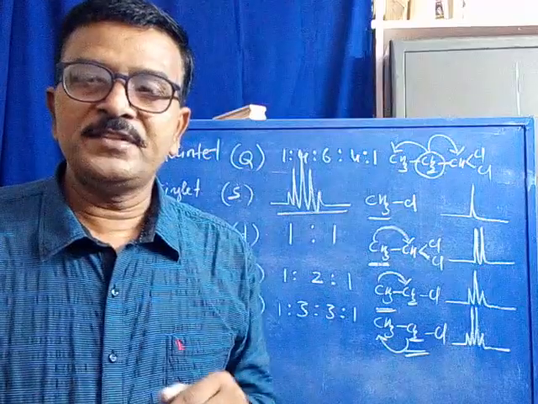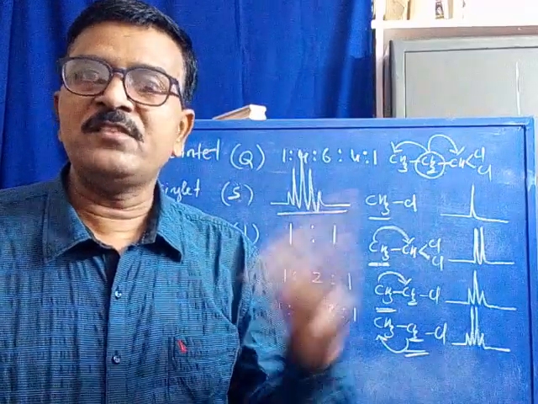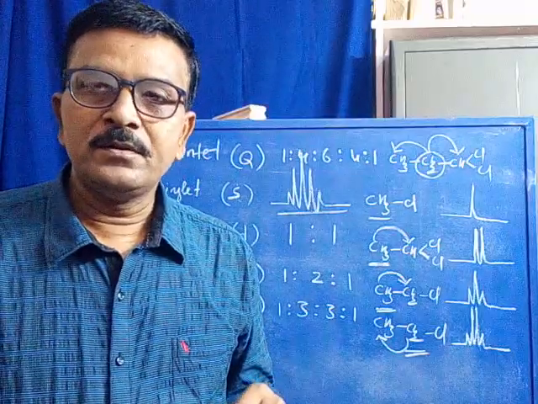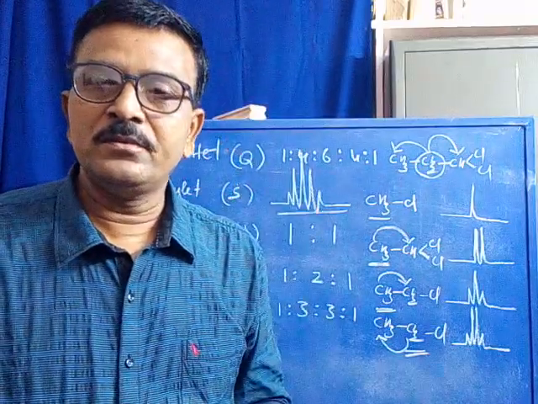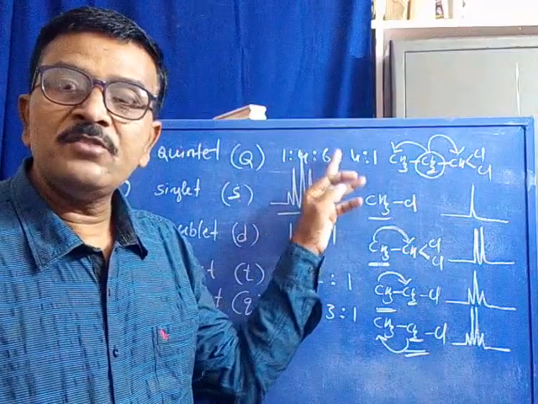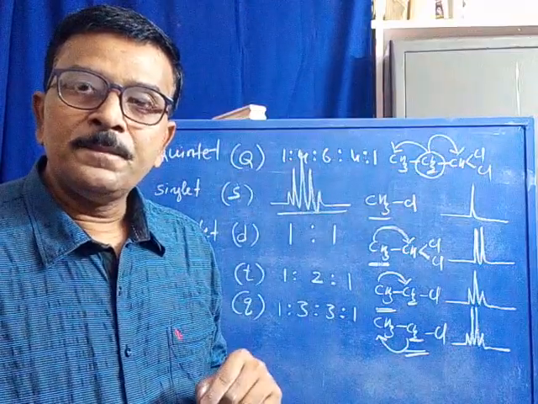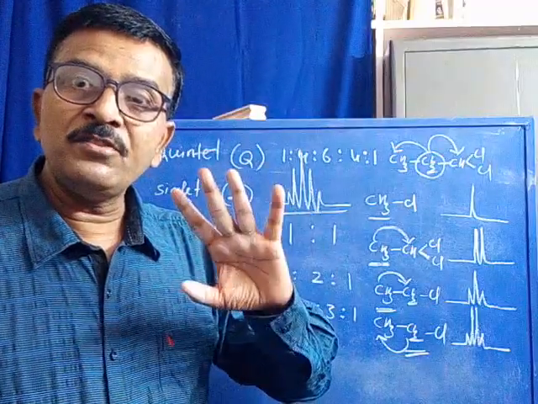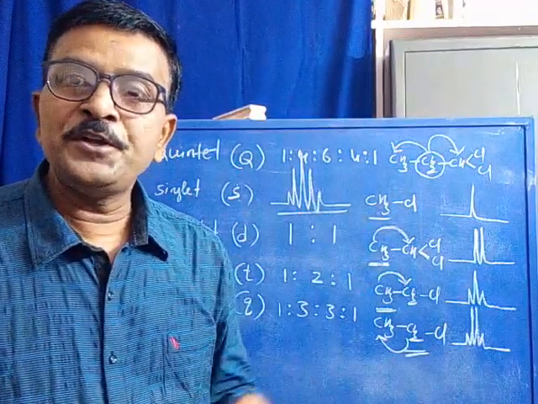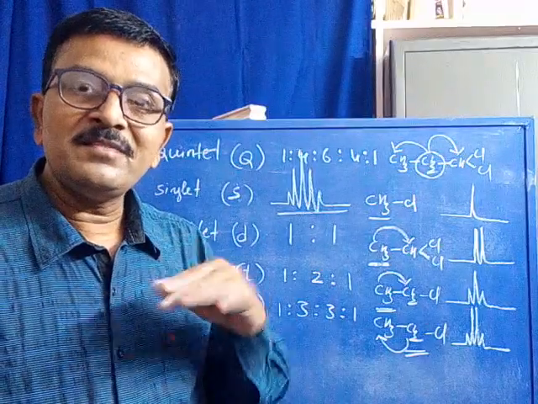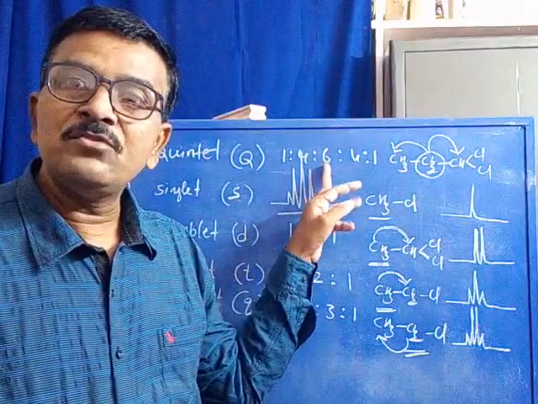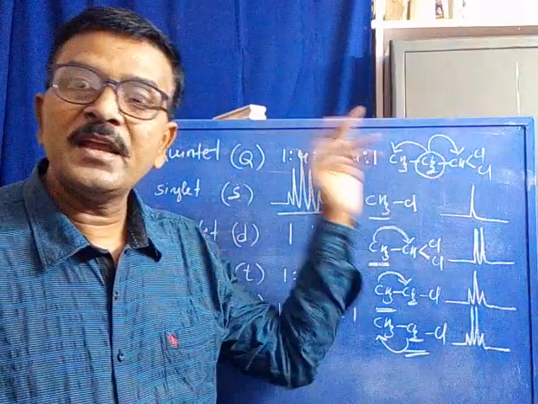If there are 5 adjacent protons, 5 plus 1 is 6, so the signal is split into 6 lines, called a sextet, represented with a capital S. The intensities are 1:5:10:10:5:1. A set of protons with 5 adjacent protons has its signal split into 6 lines, with intensities 1:5:10:10:5:1.